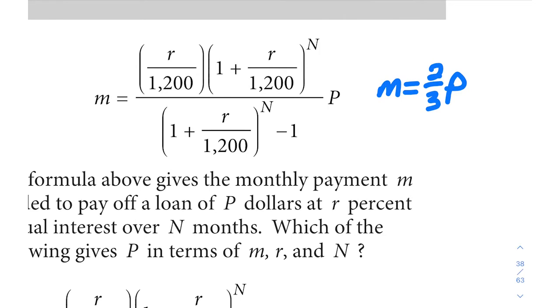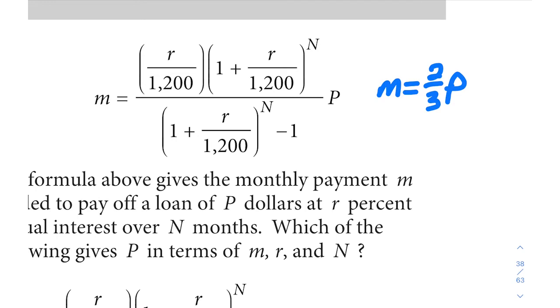And I said, okay, how do we get p by itself? So at the core of this, we still have to know how to eliminate a fraction when we're trying to isolate a variable. And to do that, you can multiply by the reciprocal. However you think about it, you could think of it as dividing by 2/3, and that's the same thing as multiplying times 3/2.